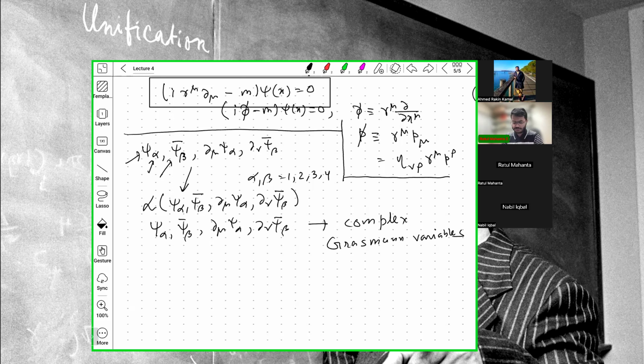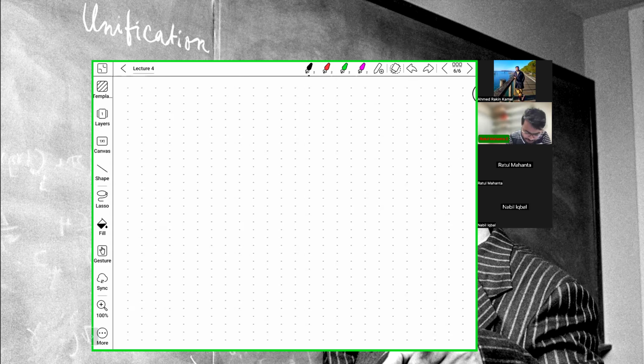Okay, so what are Grassmann variables? So I should define. Suppose you have a set of Grassmann variables. They should satisfy some properties, that is, they anti-commute.